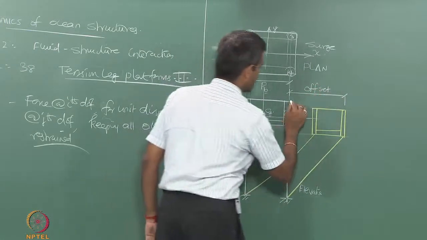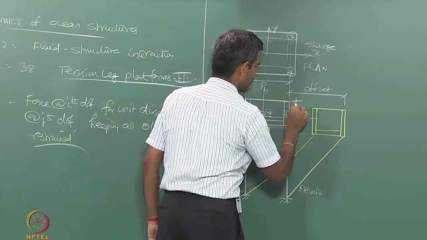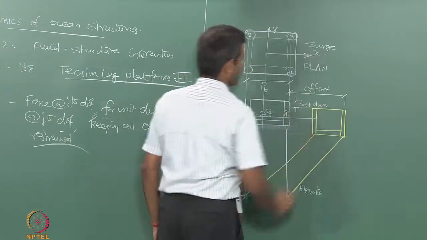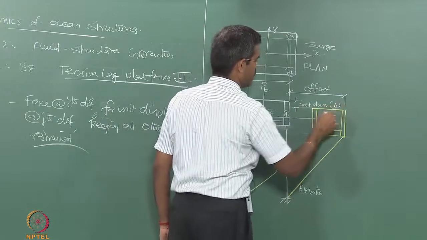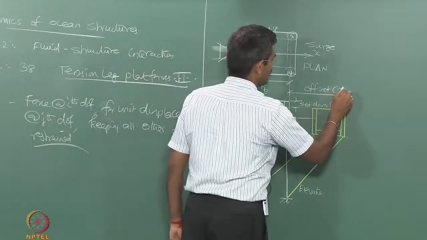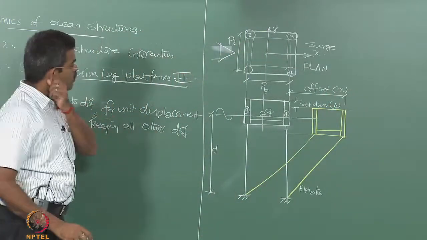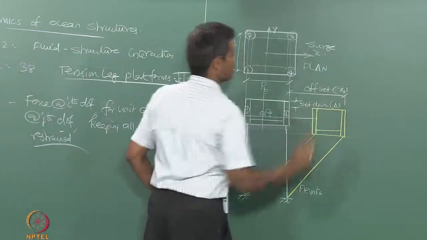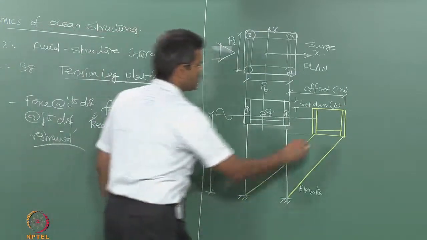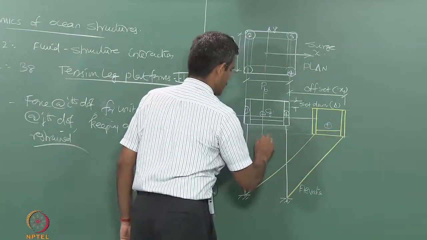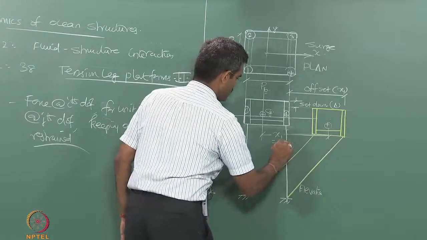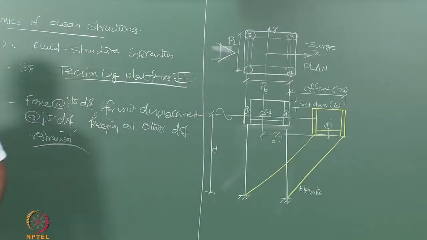This is what we call set down, which is indicated as delta in the nomenclature. An offset in my case is the degree of freedom x1, from this CG to this CG, this is x1. So, by definition this should be unity.